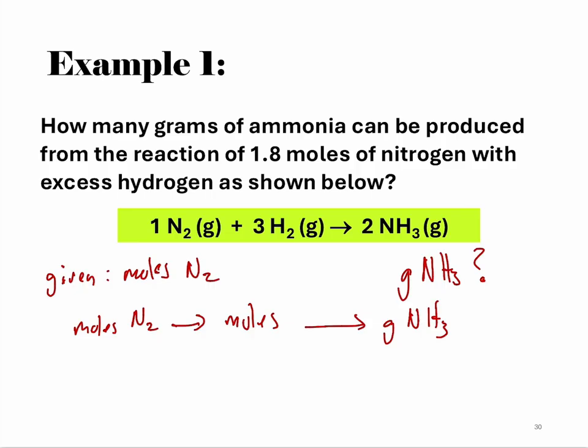This question also could have been asked, if we have 2.3 grams of nitrogen, how many moles of ammonia would we get? And then we'd have to do the molar mass calculation first. So how do we go from moles of nitrogen to moles of ammonia? What do we use? The molar ratio.